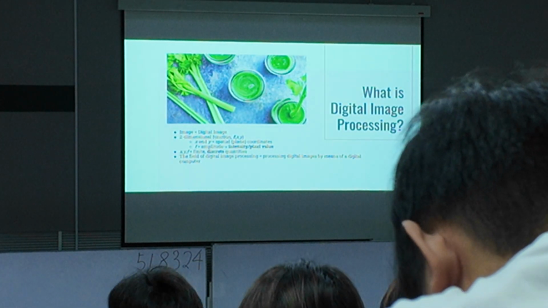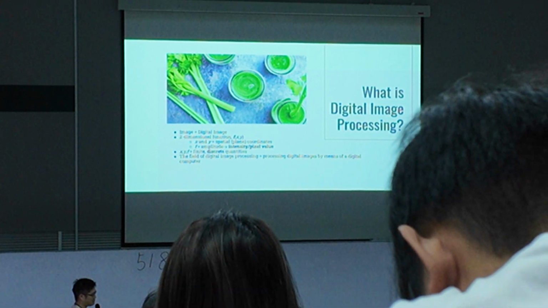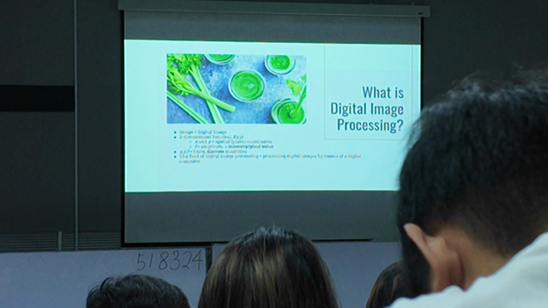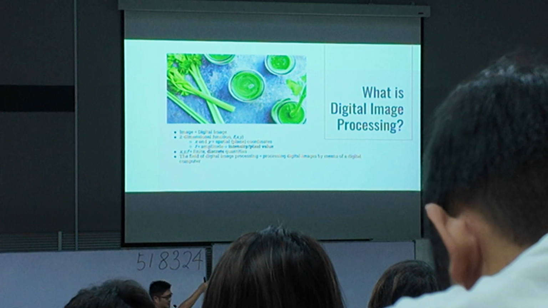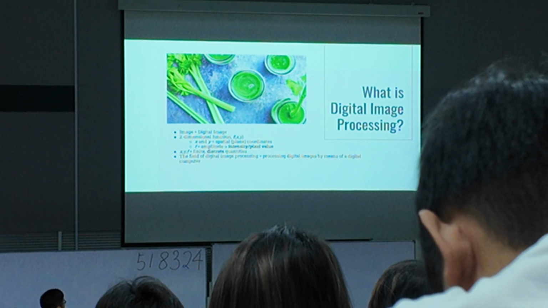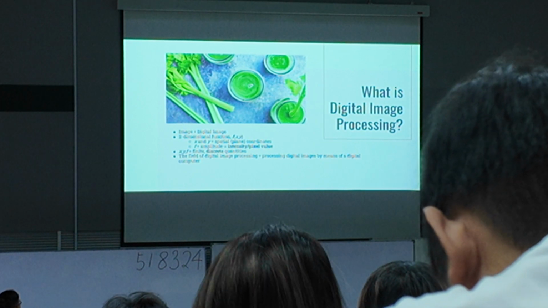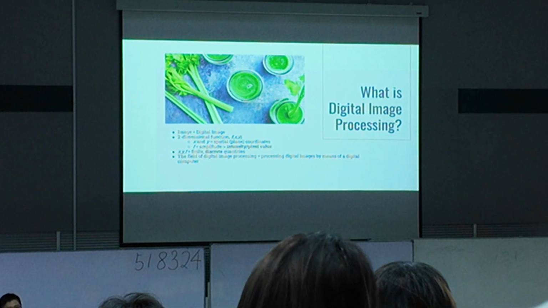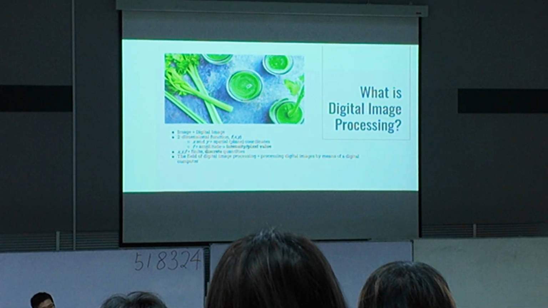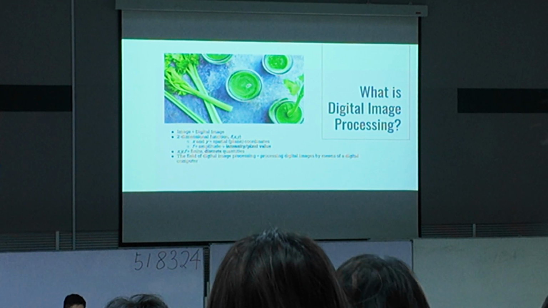Imagine I have an image like this, and throughout the entire semester, the image that I'm referring to is the digital image, meaning the image is naturally born digital. Everybody knows that an image is represented by numbers, because computers do not understand so-called images.